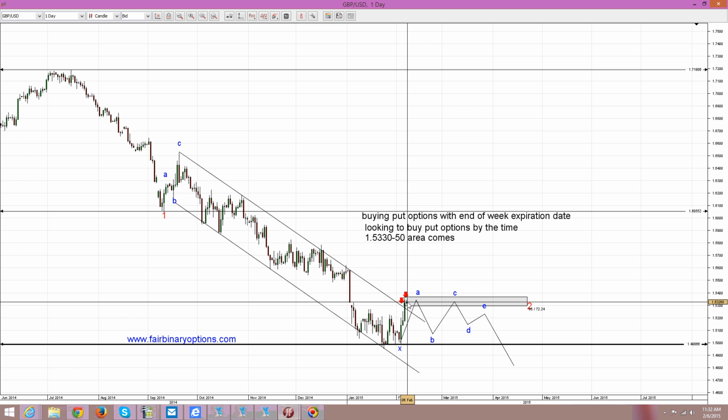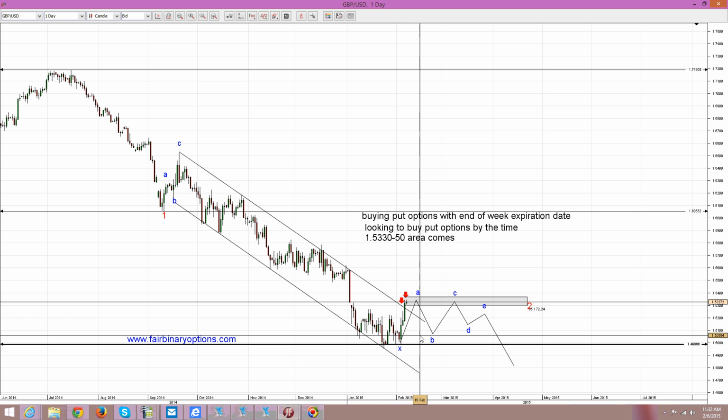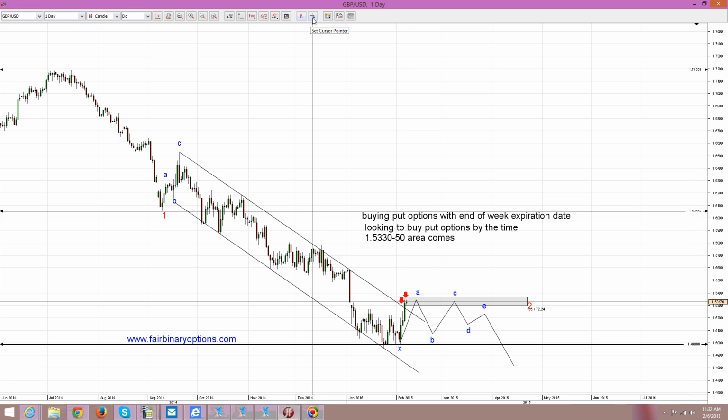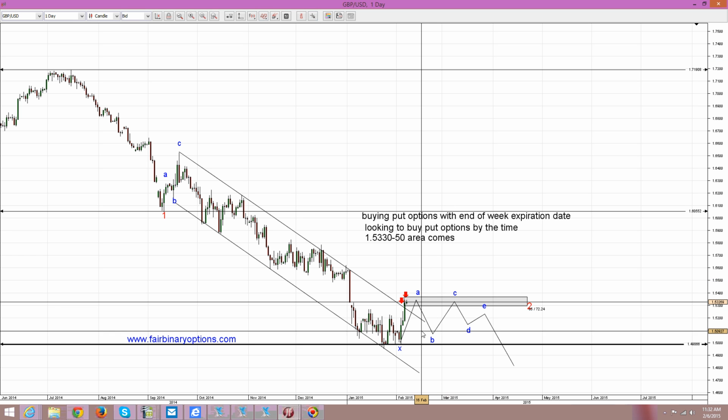So it might be A, B, and then the C wave to the upside for wave A, over lower degree. All in all, this should happen next week, or as we are before the NFP, we might have a chance to actually buy some call options at the lows here.